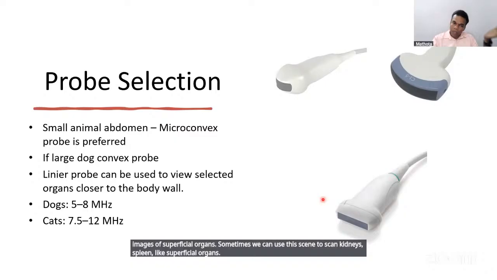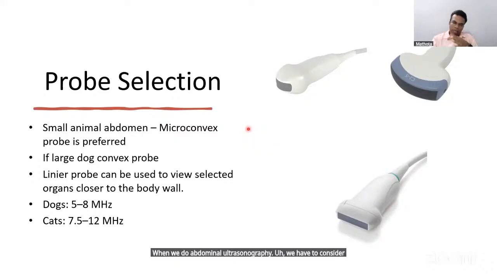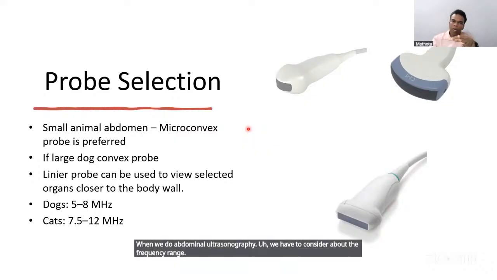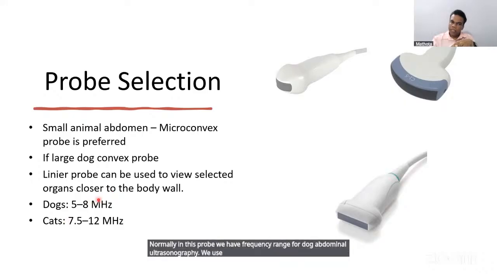Then when we do abdominal ultrasonography, we have to consider the frequency range. Normally, this probe has a frequency range. For dog abdominal ultrasonography, we use the 5 to 8 megahertz range. That is the optimum range, because if you go to high frequency, the penetration is low and you can't see deep organs.